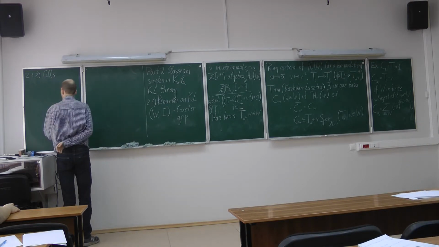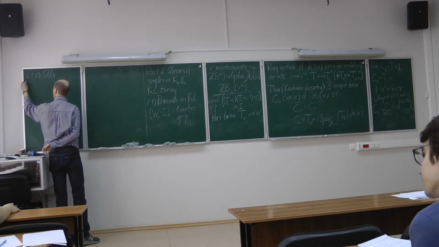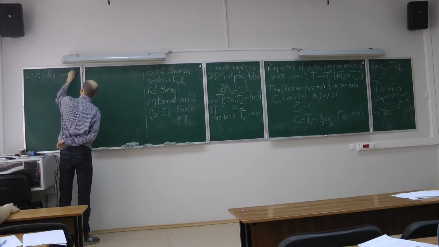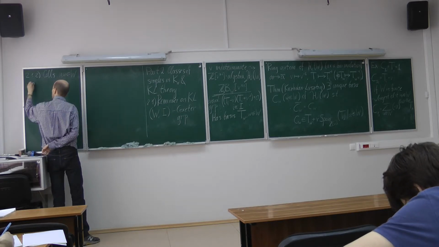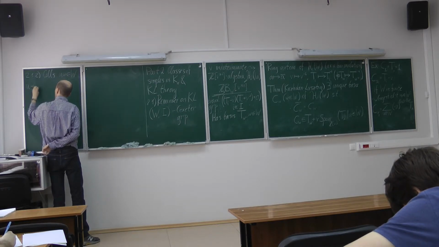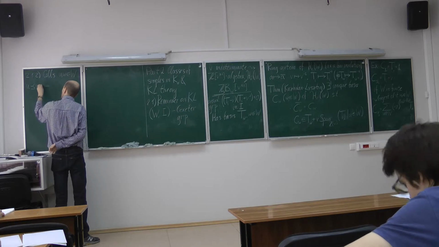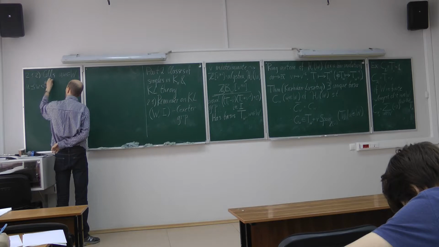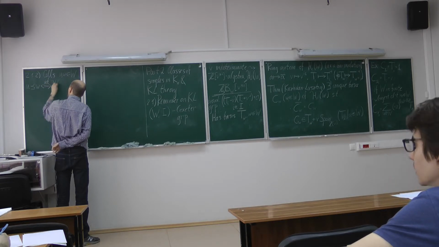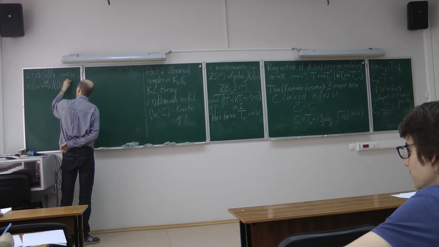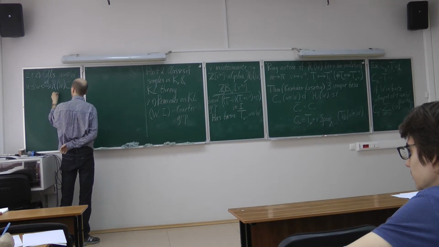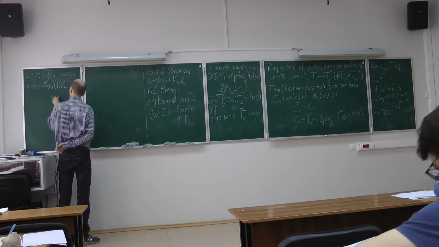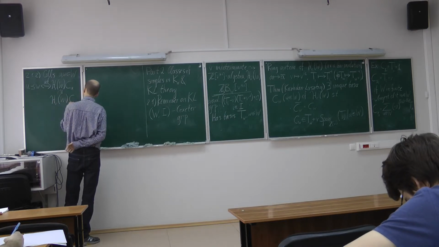So let me write it down. So we define, for U and W in W, we say that U is less or equal than W, by definition, this means that the left ideal generated by C of U is contained in the left ideal generated by C of W.